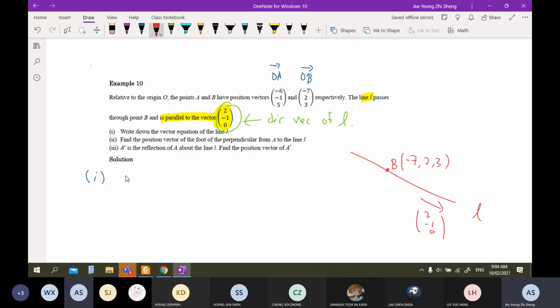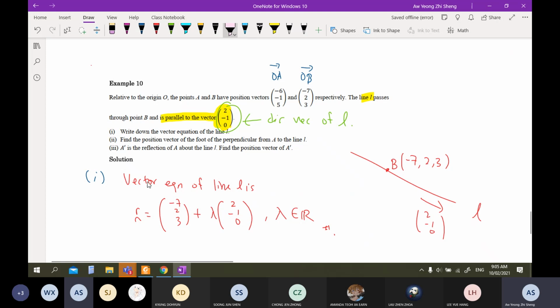So just write down the vector equation straight away. The vector equation of line L is R equals the fixed point plus lambda times the direction vector, lambda in R. That is, R equals (minus 7, 2, 3) plus lambda times (2, minus 1, 0). Done.